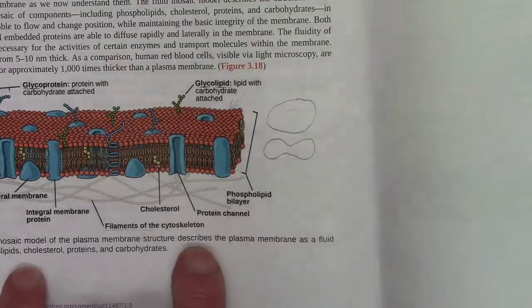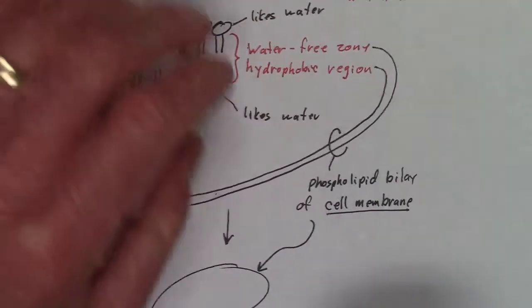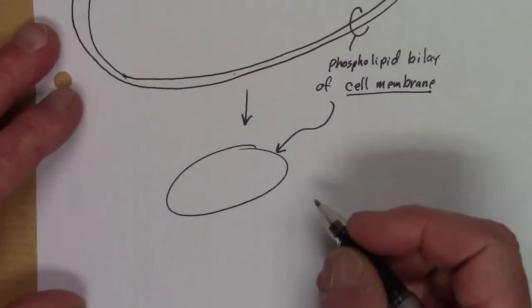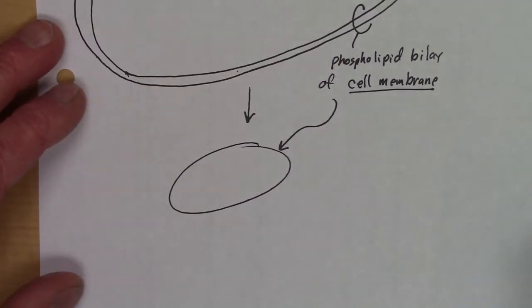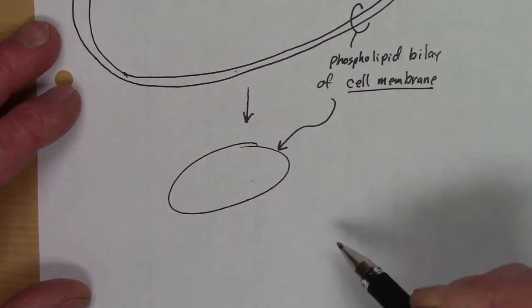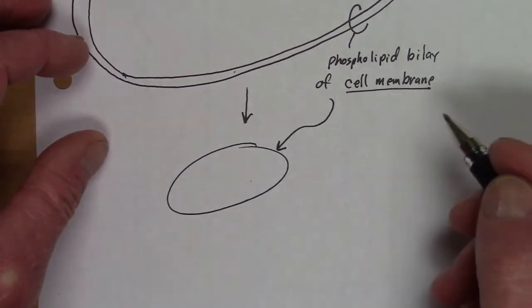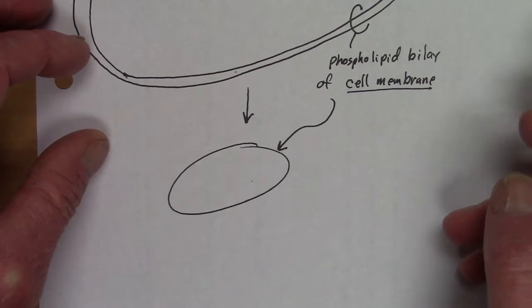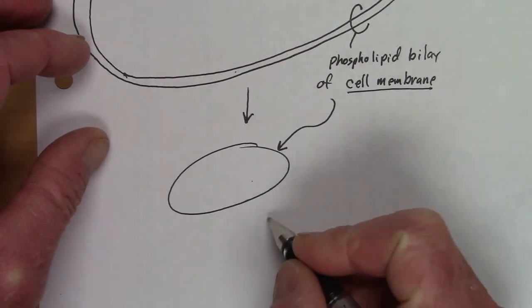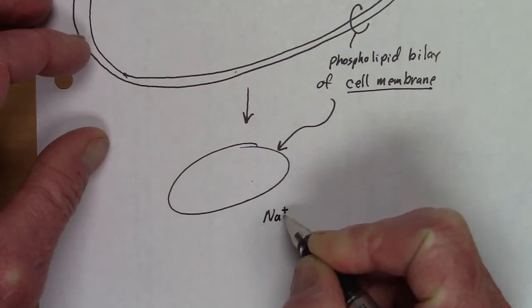Okay, so let's go back to the worksheet packet. It talks about what are the main functions of the cell membrane. Well, one of the main functions of the membrane is to keep inside what's supposed to stay inside and to keep out what shouldn't be out. So when we get to the transport discussion, we'll see that there is a very high concentration of sodium outside the cell.